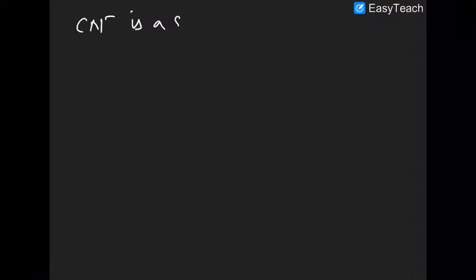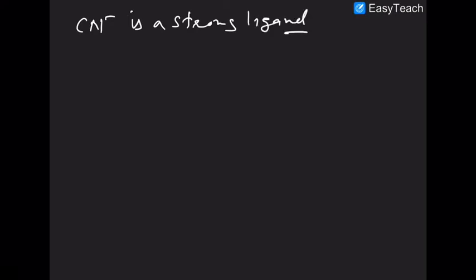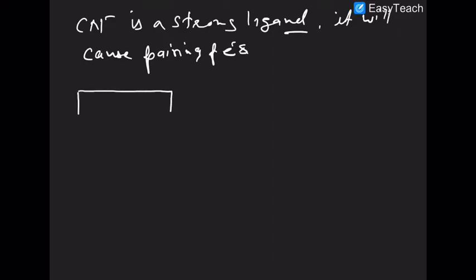CN is a strong ligand, and it will cause pairing of electrons. And when this causes pairing of electrons, what will it do? The pairing will happen like that.